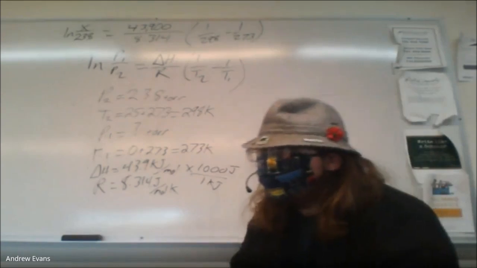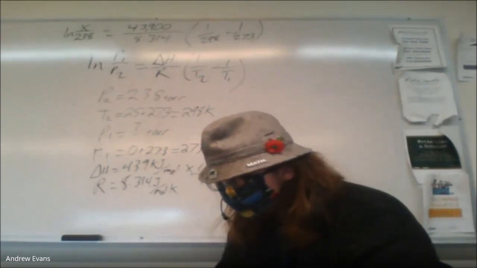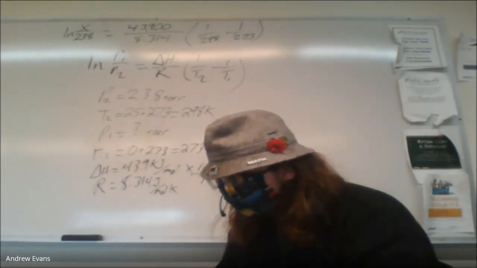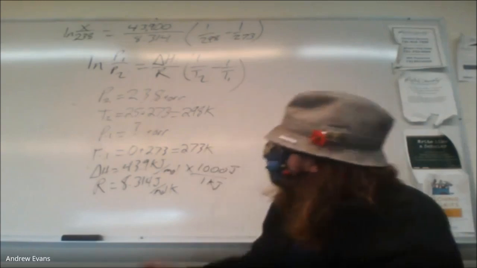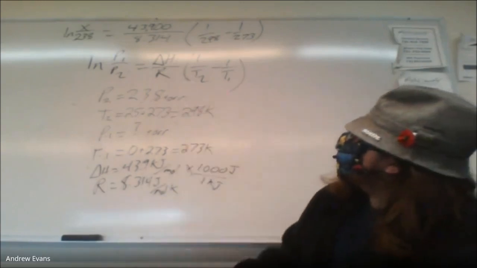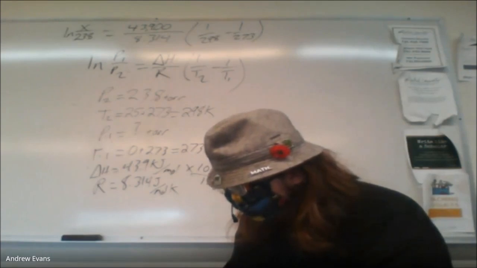That is okay. It's a negative, really, really small number. I'm getting negative 0.000307 something. But I'm going to multiply it by a really big number, 43,900, and then divide by my 8.314.